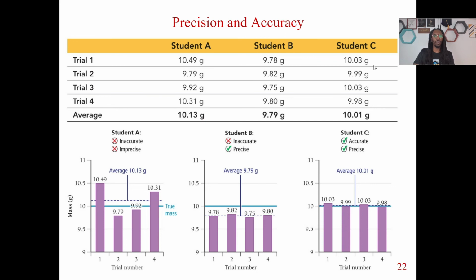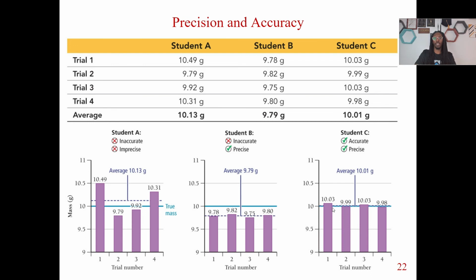Student C, let's see what student C did. Trial 1, they got 10.03 grams. Trial 2, they got 9.9 grams. Trial 3, they got 10.03 grams. Trial 4, they got 9.98 grams, for an average of 10.01 grams. Looking at the chart, we can see that they were very precise.